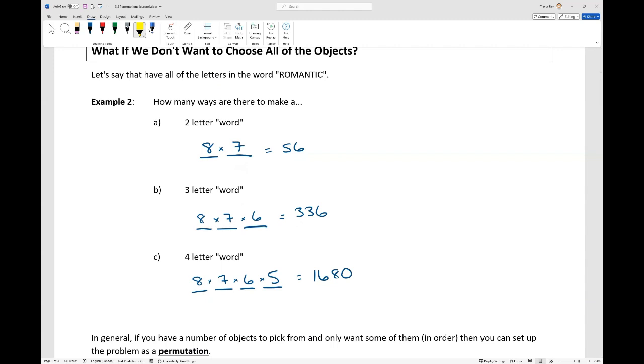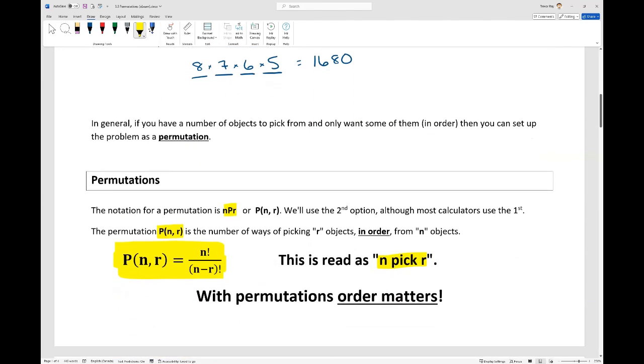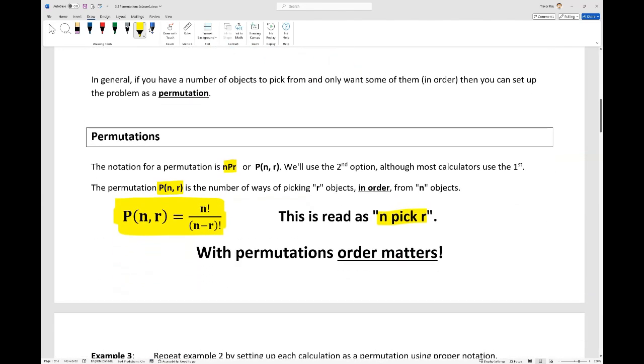Either way, the order of the letters, the order of the arrangement of the objects, does matter. That's what makes it a permutation. In our unit on combinations, coming up two units from now, we will be taking a look at what happens when the order does not matter.